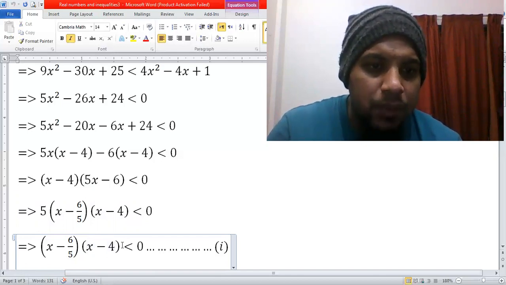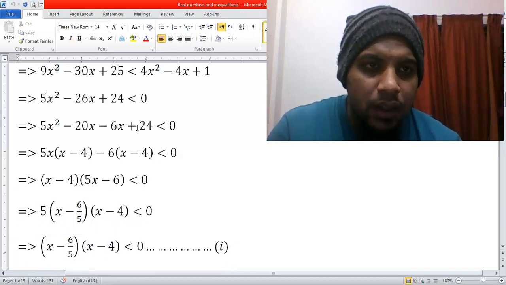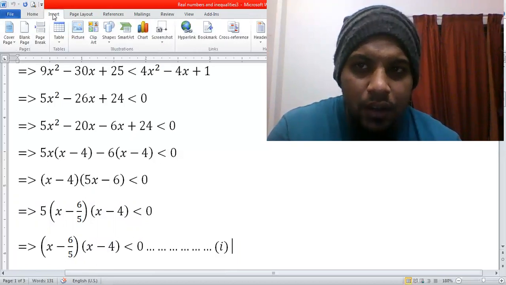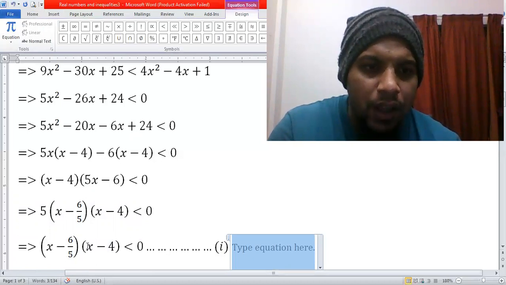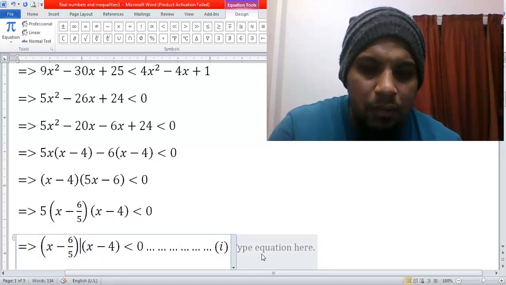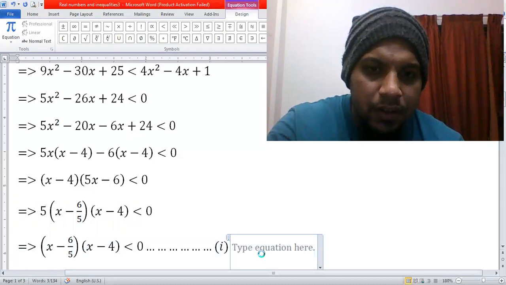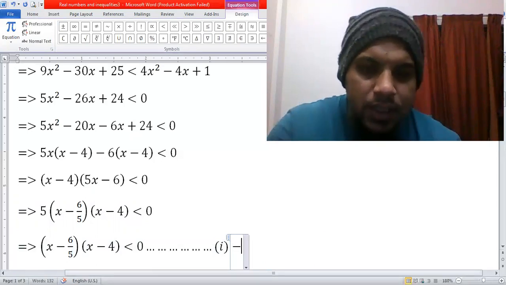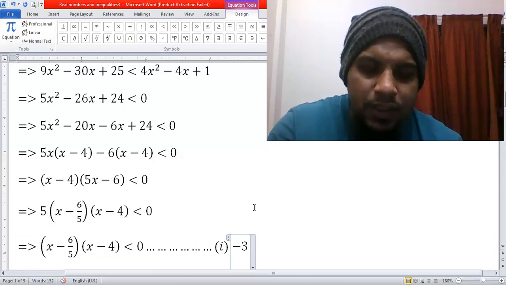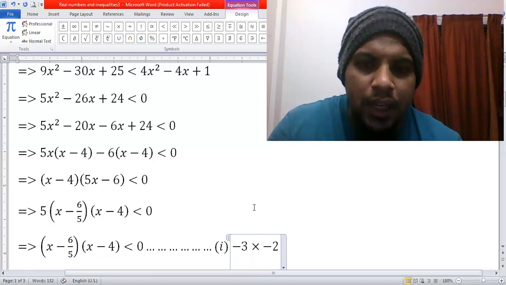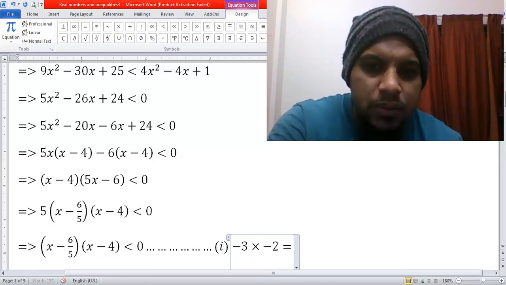For example, say x minus 6 by 5 has the value minus 3, and x minus 4 has the value minus 2, just as an example. That means both are negative, then we will get a positive output.